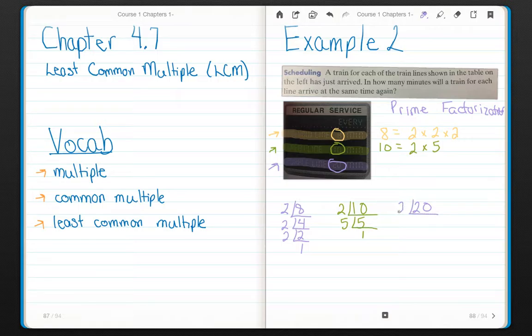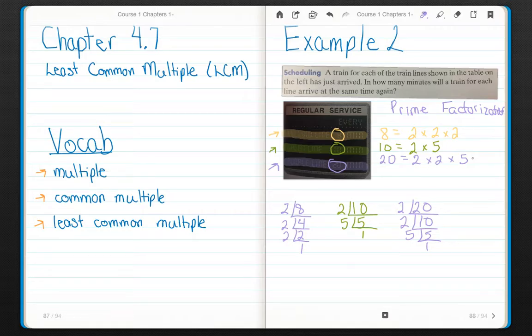Again, the smallest prime is 2. The smallest prime again is 2. And the smallest prime is 5. So 20 equals 2 times 2 times 5. Okay, fantastic.